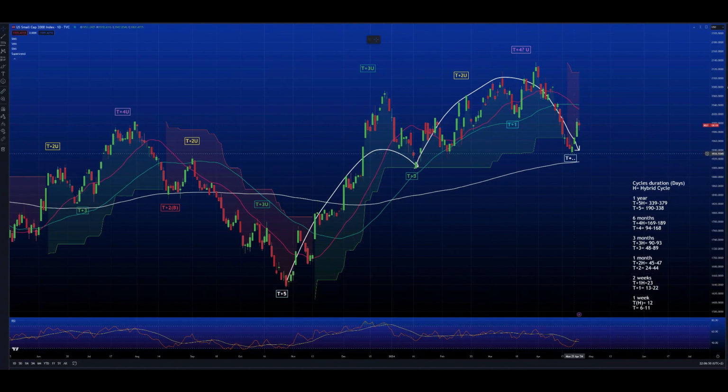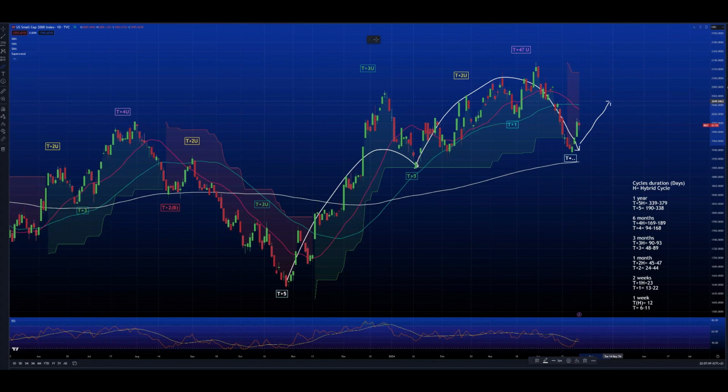Now, the interesting thing is the following. We have already all the conditions to generate a new T plus 4. And generating a new T plus 4 means that we should have in the next days a push back to the upside.